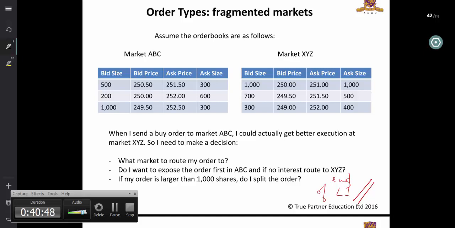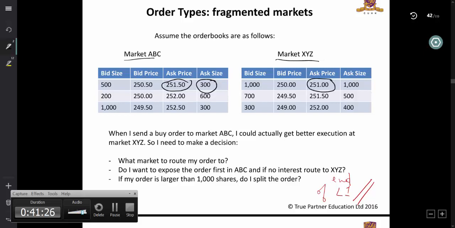Okay, so let's say you want to buy a particular stock and you want to buy lots of it. You want to buy thousands of shares. And right now you can see that there are two markets that are offering this share. You can either buy in market ABC at this price for this size, or you can buy in XYZ at this price for this size.